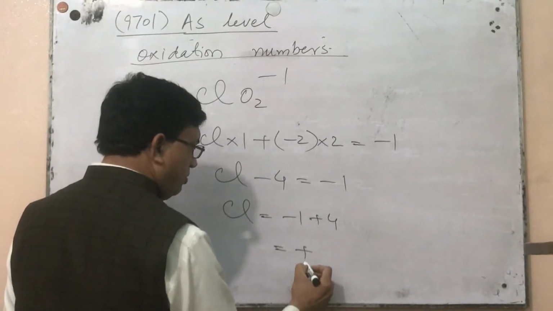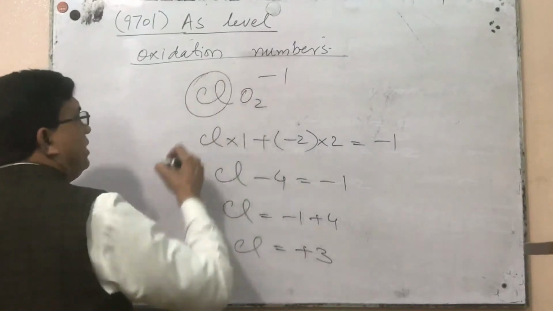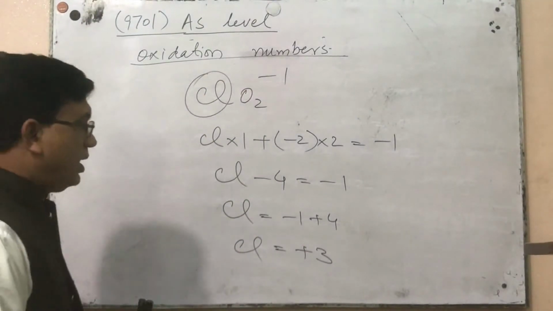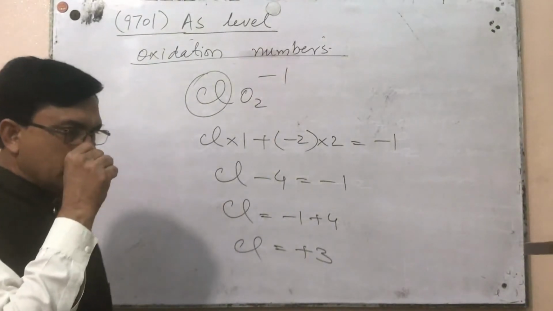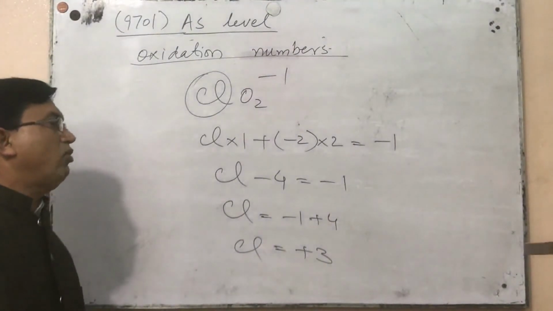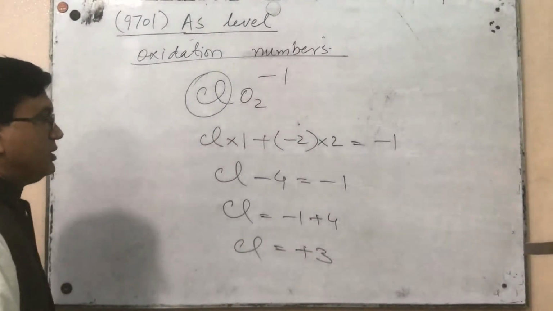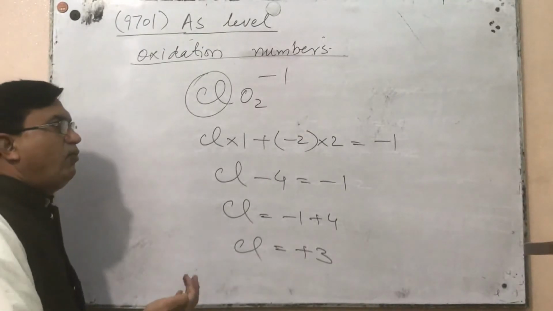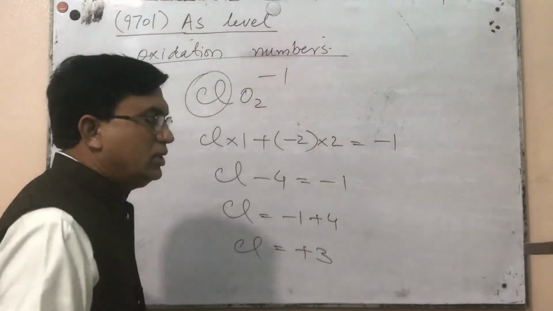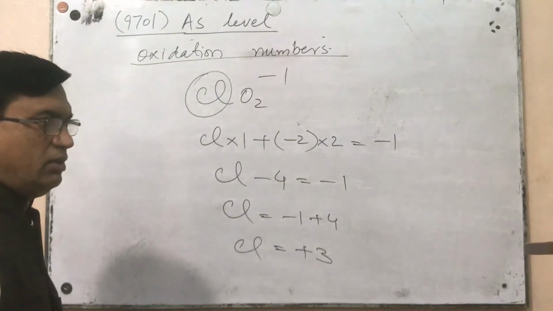The answer will automatically become +3. It means that the oxidation state of chlorine in this compound is +3. In this manner, we can easily calculate the oxidation state or oxidation number of any element present in a compound. This will be helpful in balancing equations, which we will balance with the help of the oxidation number.